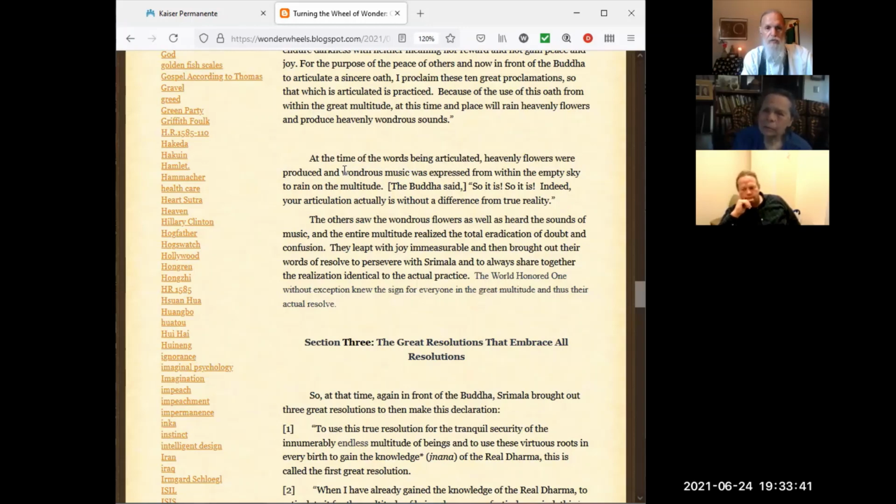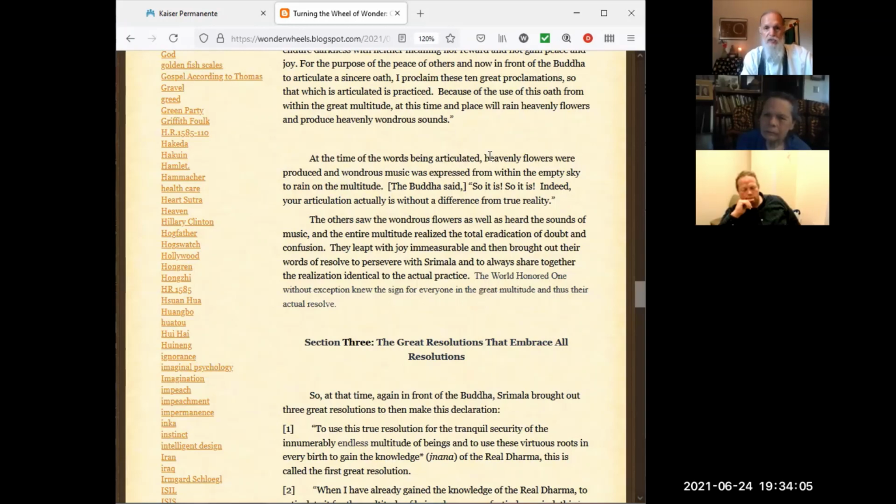Because when the empty sky opens up with wondrous heavenly music, it's that sense of everything being seen to be making the wonderful sound, this teaching and preaching of the Dharma.